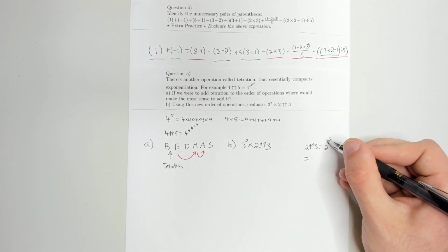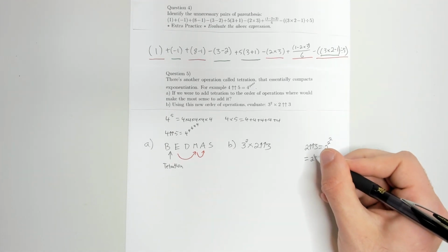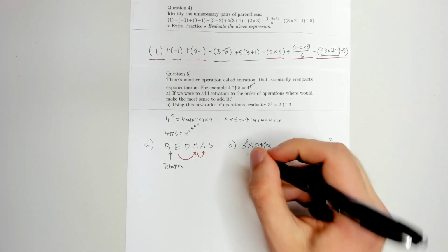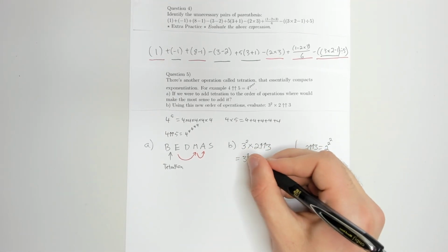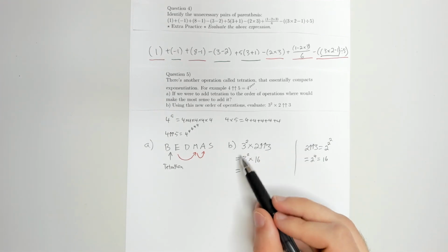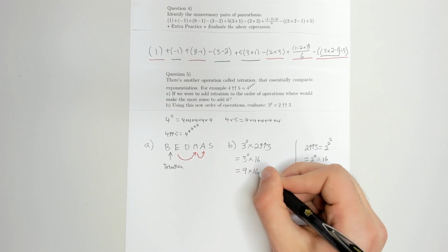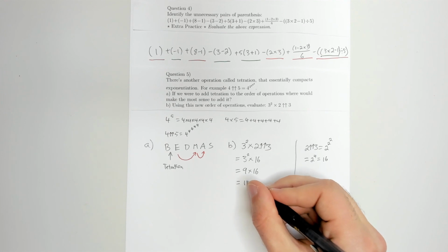So we start by looking at the exponent. So 2 squared, that is 4. So this becomes 2 to the power of 4, and 2 to the power of 4 you can evaluate, that's going to be 16. So this expression here becomes 3 squared times 16. And now we have an exponent and we have a multiplication, so we'll evaluate the exponent first. 3 squared, that's 3 times 3, which gives us 9. And lastly, 9 times 16, that is going to be 144.